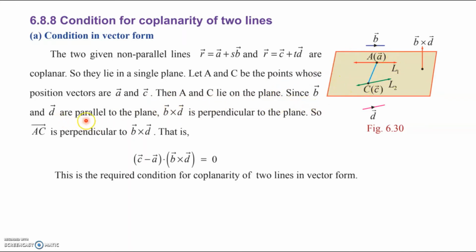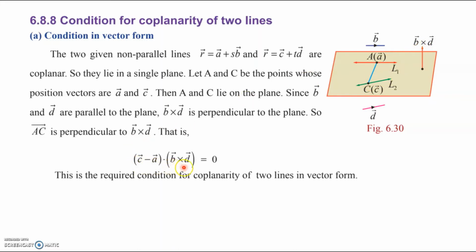Since B and D are parallel to the plane, B cross product with D is perpendicular to the plane. I explained this already to you. So the AC vector, which is on the plane, will be perpendicular to B cross product with D. So if you take the dot product of AC and B cross D, that will be equal to 0.